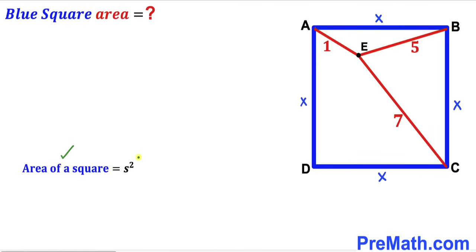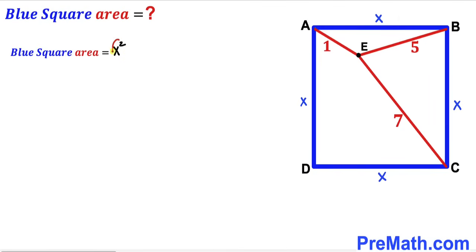Area is always equal to s squared, where s represents the side length of the square. In our case, the side length is x, so the area of this blue square is simply x squared. Now our task is to find the value of x squared.